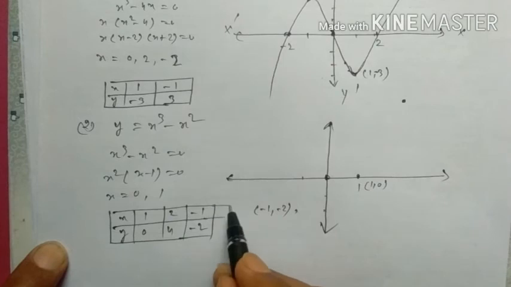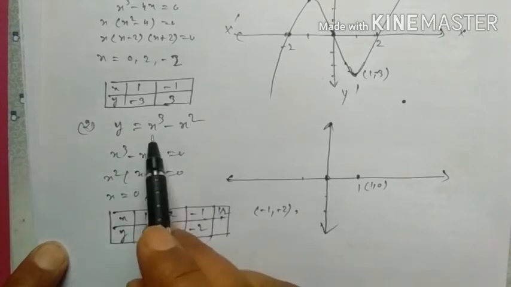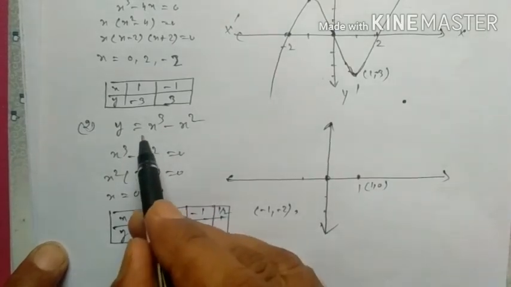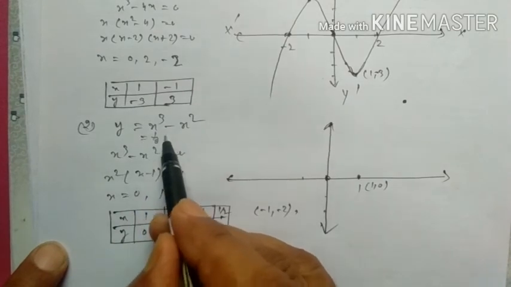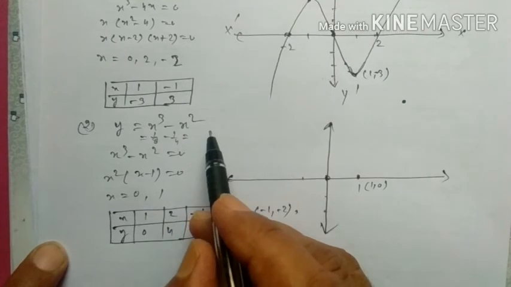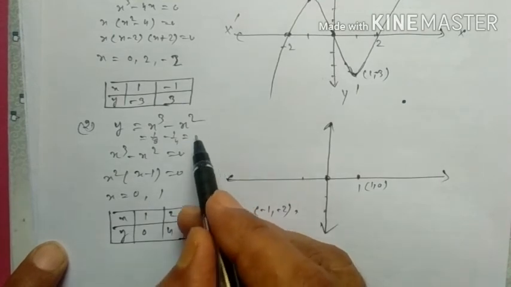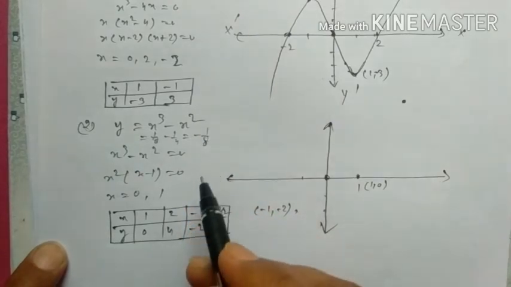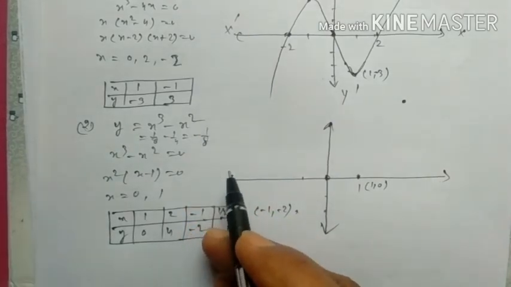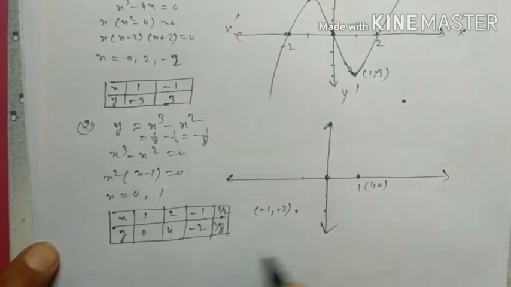We will also take some point between 0 and 1. Suppose we take 1/2. When we put it here, it becomes 1/8 minus 1/4, which equals -1/8.